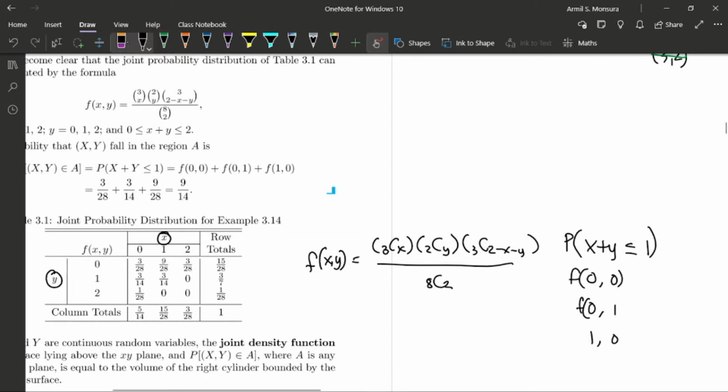We can compute that by adding the values of our probability distribution for these particular values of x and y, because these values satisfy the region that is defined. So here, looking at the table, we see that f of 0, 0 is 3 over 28. F of 0, 1 is 3 over 14.